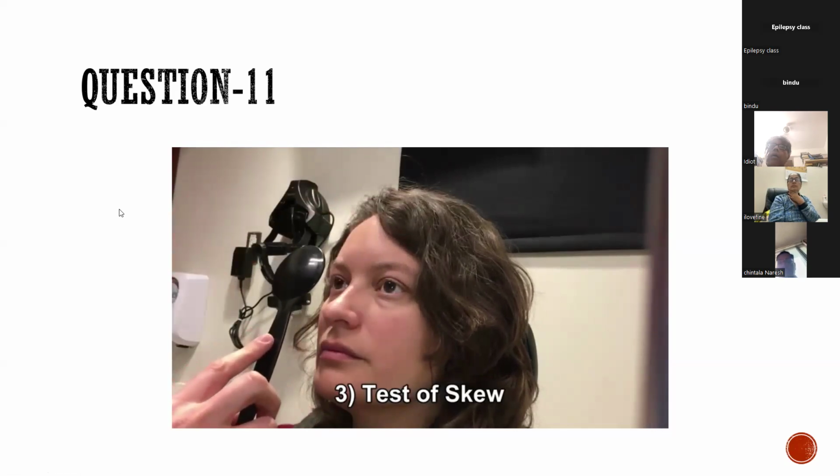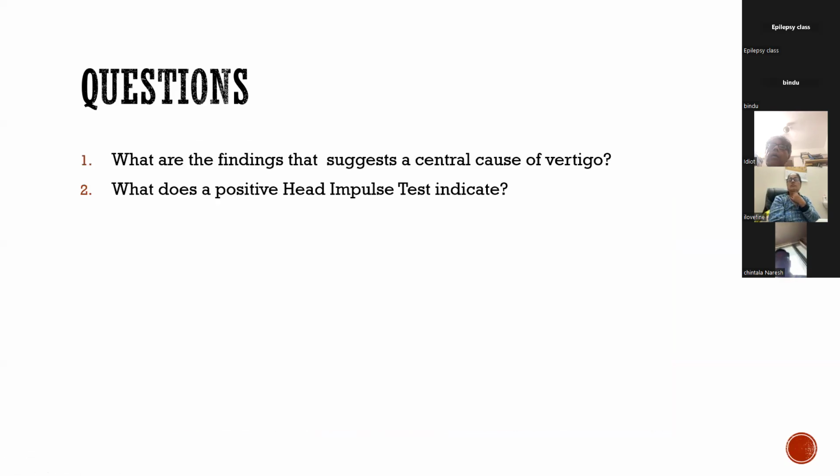So what are the findings that suggest a central cause of vertigo? What does a positive head impulse test indicate?